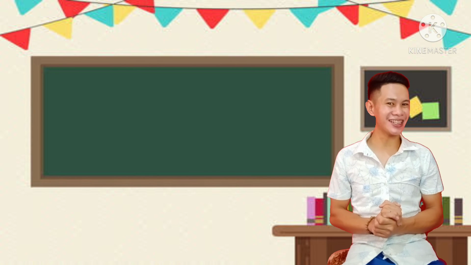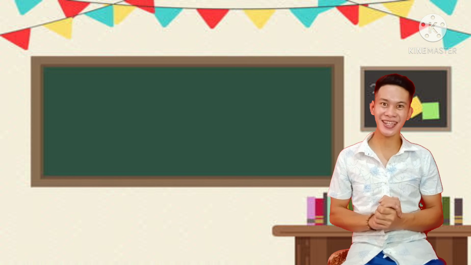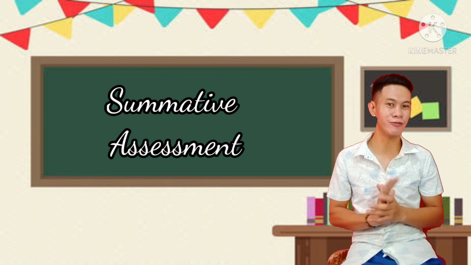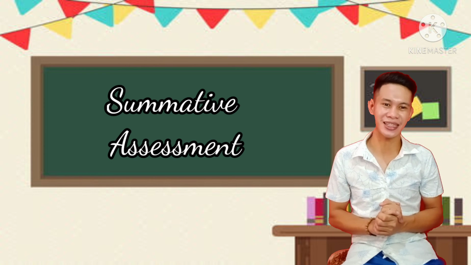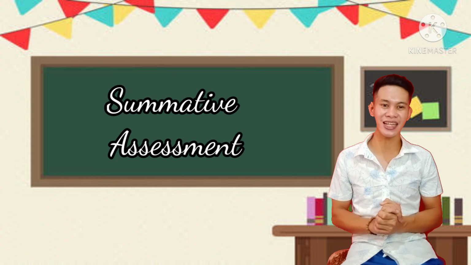The second to the last word related to measurement and evaluation in physical education is the summative assessment. So let's define what is summative assessment. Summative assessment is to evaluate student learning at the end of the instructional unit by comparing it against some standard or benchmark.